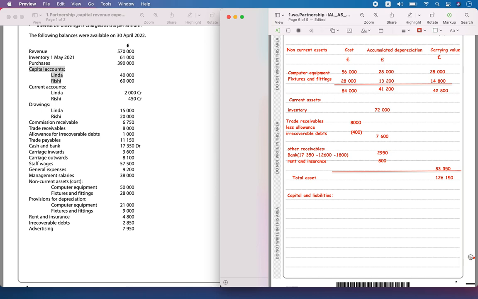So let's write that: it was 40,000, and for Rishi it was 60,000.